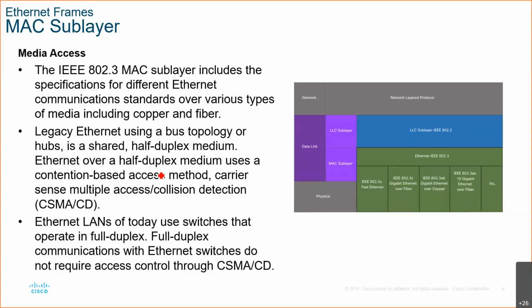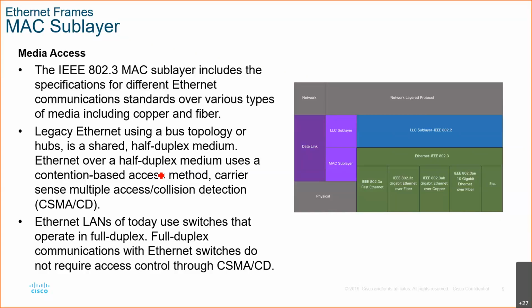But most of the technology that we have today, we don't have hubs anymore. Even if you look for them, you can't find them. What we use is a switch. A switch is a full duplex communication, okay? And we don't need to do CSMA/CD anymore, okay? Remember we studied CSMA collision detection and collision avoidance, okay?